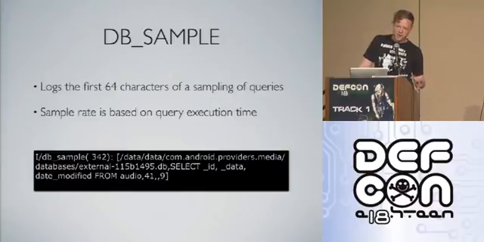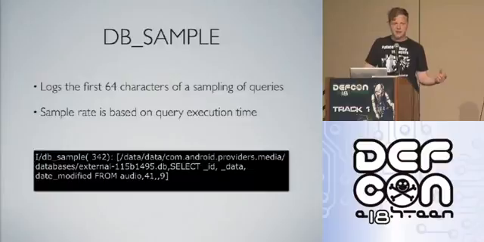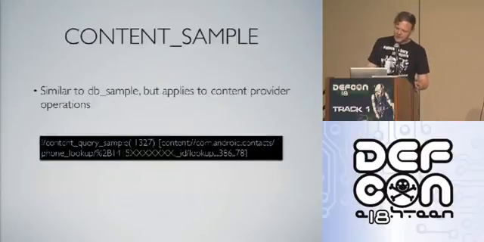And the sample rate is based on query execution time. So we don't see every single query, but we do see some subset of queries accessing databases all over the system. Now, we didn't find any major smoking guns here, but it's something that developers should be aware of. Don't put sensitive data directly into your SQL statements. Parameterize them, because they may show up in places that you didn't intend.